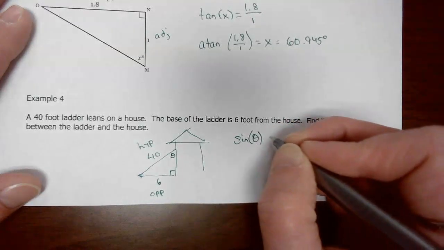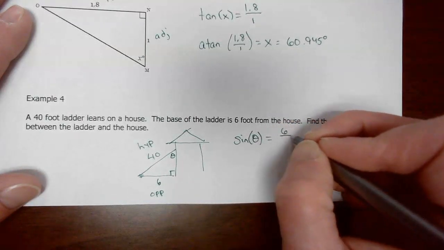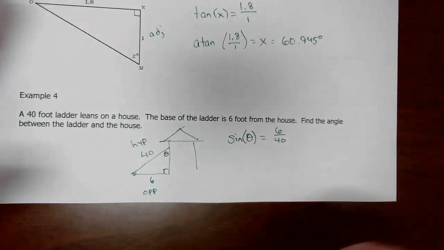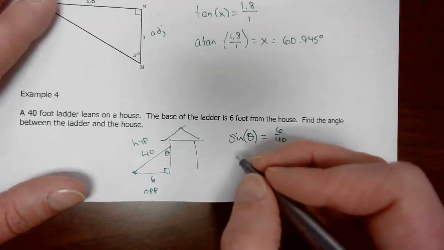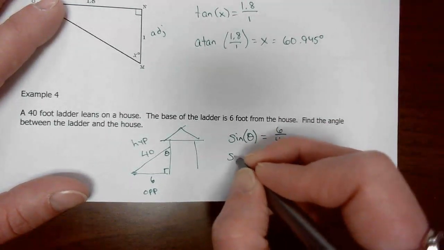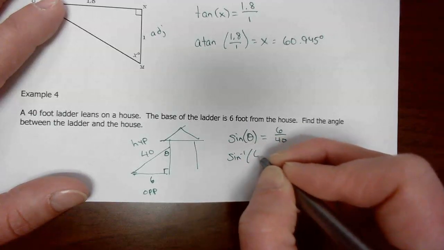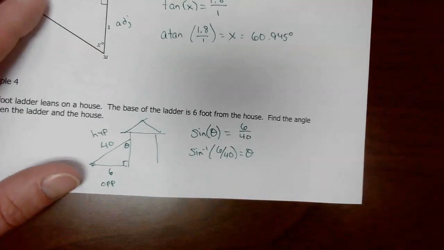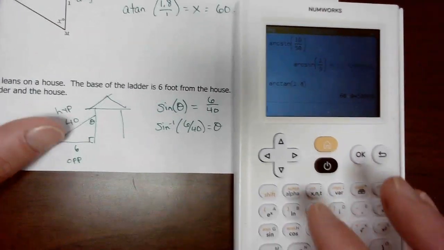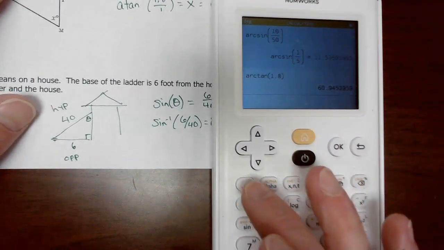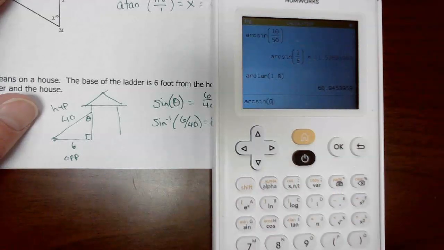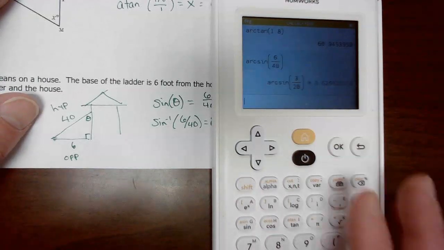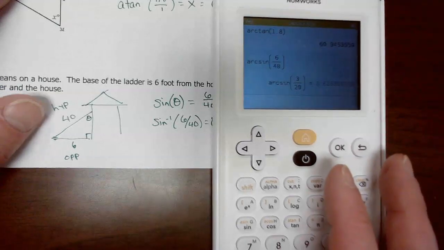So sine of theta equals opposite over hypotenuse. So to find the angle, I'm going to do arc sine or inverse sine. So you can write it either way. And the inverse of the ratio gives me the angle. So arc sine of 6 over 40 gives me 8.627.